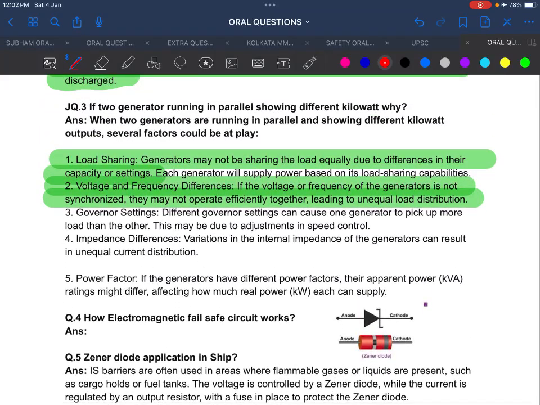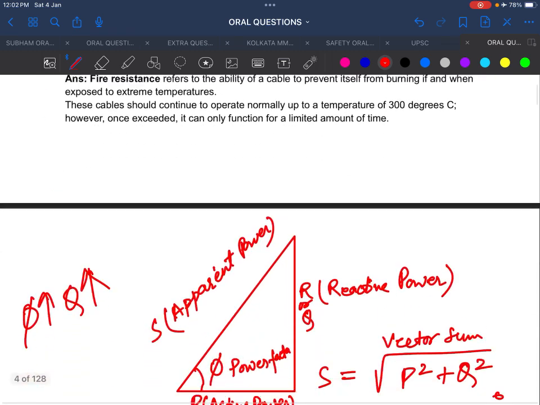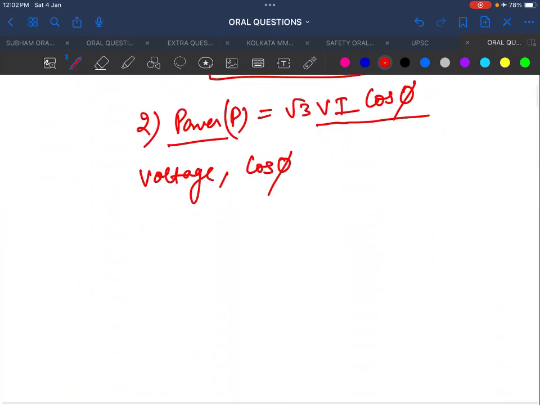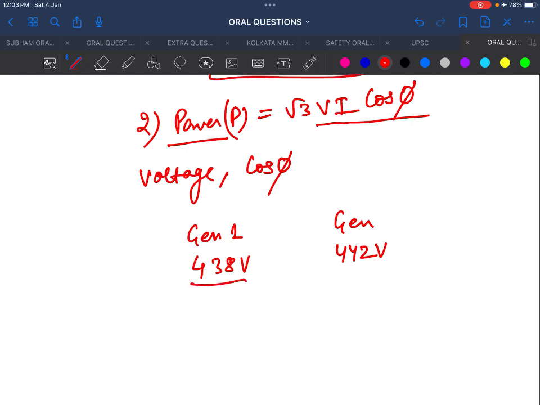If the voltage or the frequency of the generators is not synchronized, let's suppose generator 1 has a voltage of 438 volts and generator 2 has 442 volts. So there is a voltage difference, and due to this voltage difference the power requirement is also different, so our kilowatt is also different, because power is directly dependent on voltage and current.